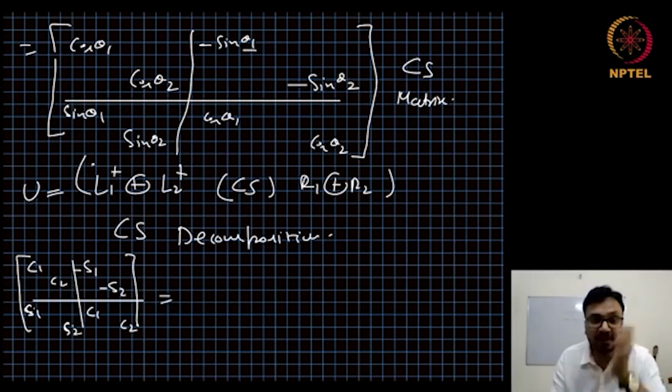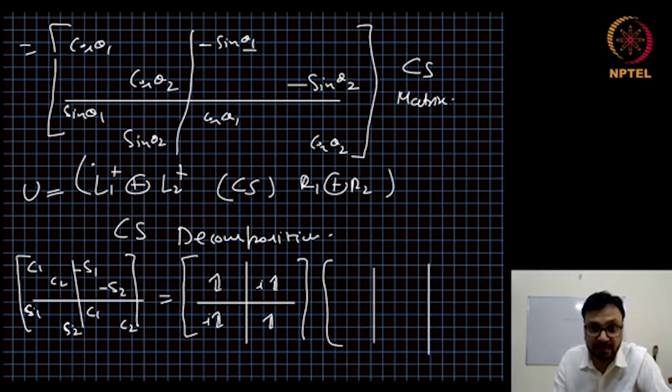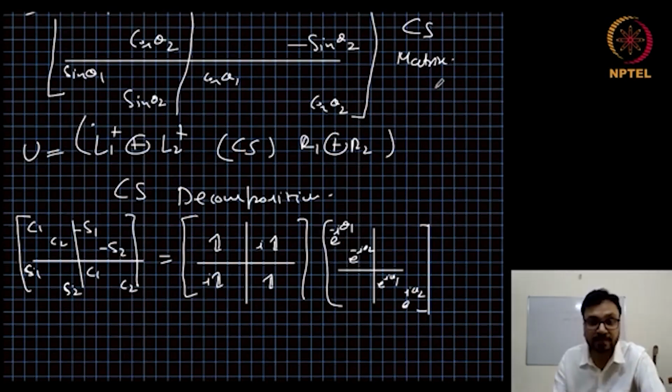And this can be written as identity, i times identity, i times identity, and identity. These are 2 by 2 identities. And then we have exponential of minus i theta 1, exponential of minus i theta 2, exponential of i theta 1, exponential of i theta 2.